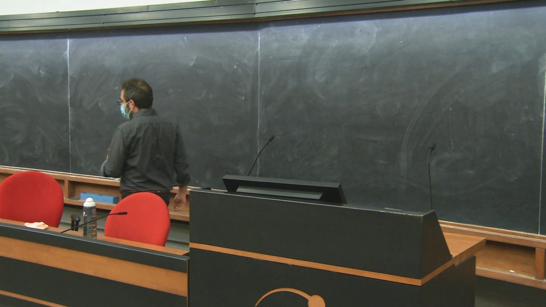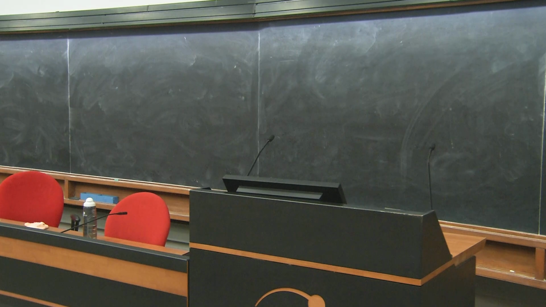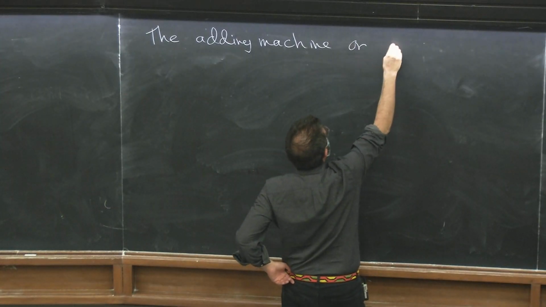So now that we have defined and got some feeling for this space, which is non-trivial, let's define the first map. And I'm going to define a map called the adding machine. Or sometimes it's called the odometer.